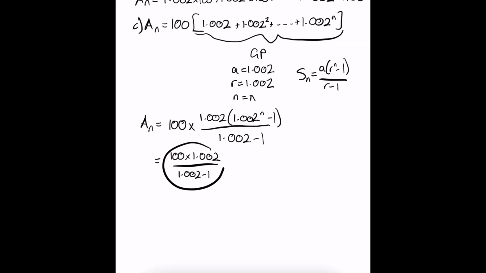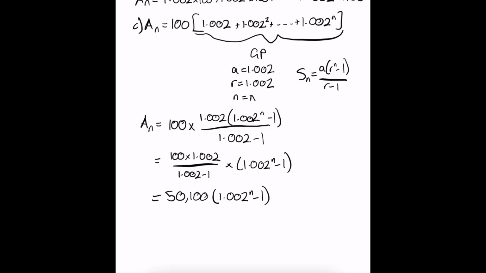When we put this in the calculator, let's work out what we get. And yep, you could guess it. We get 50,100 outside of 1.002 to the n minus 1. And that is how we would go about solving part C.